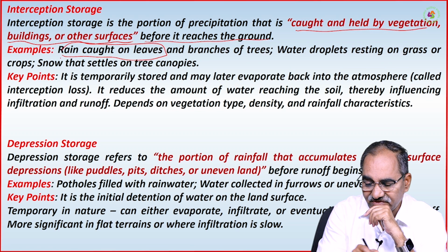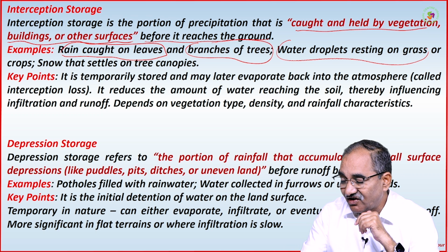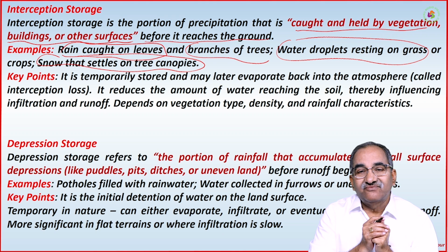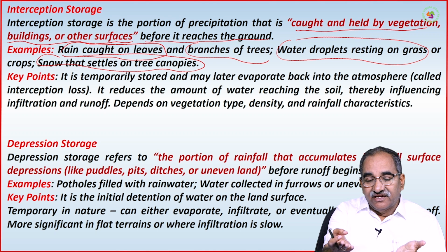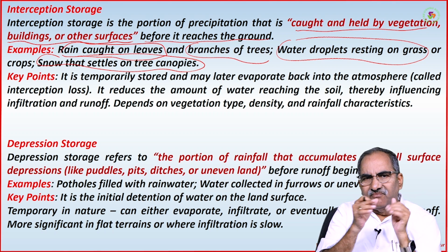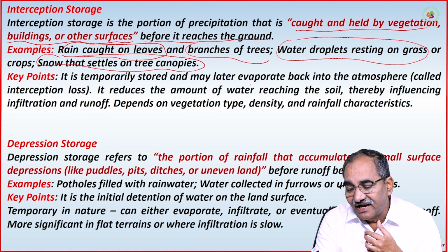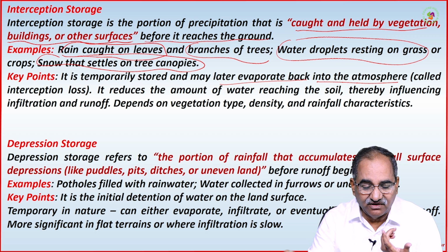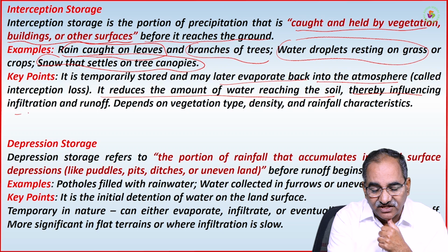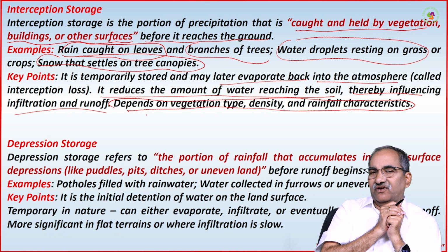Rainfall caught on leaves, on the branches of trees, water droplets resting on grass, and snow settled on tree canopies, all this is interception storage. Even on top of buildings, if some water is stored, that is also interception storage. It is temporarily stored and may later evaporate back into the atmosphere. It reduces the amount of water reaching the soil, thereby influencing infiltration. It depends on vegetation type, density and rainfall characteristics.